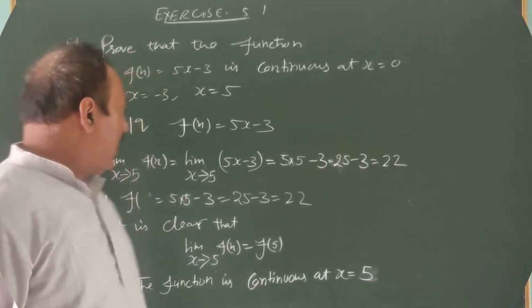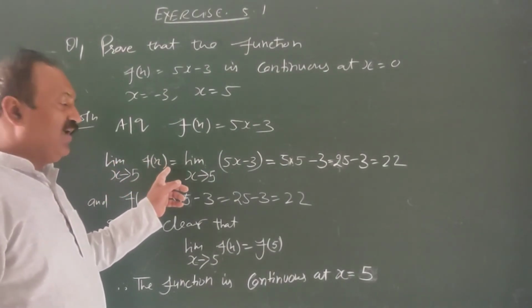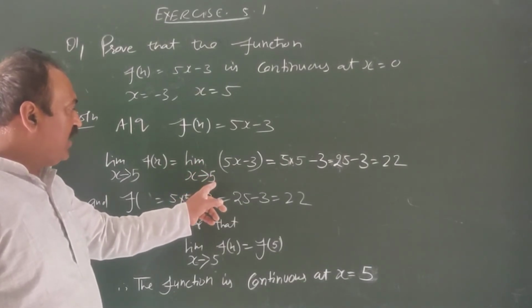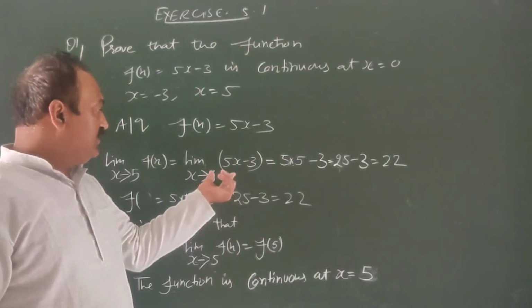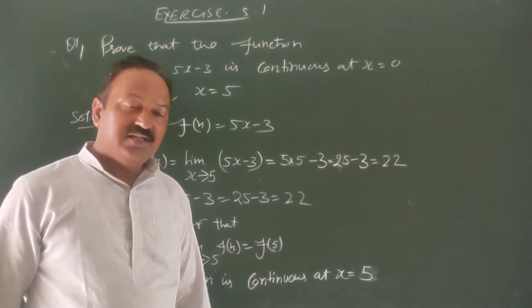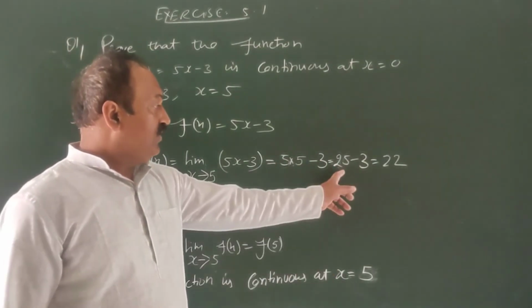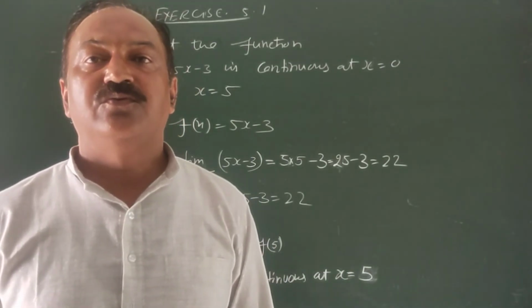At x is equal to 5, limit of x approaches to 5, f of x is equal to limit of x approaches to 5, value of the function 5x minus 3. Substituting the direct limits in this function, we get 5 into 5 minus 3, 25 minus 3, that is equal to 22.